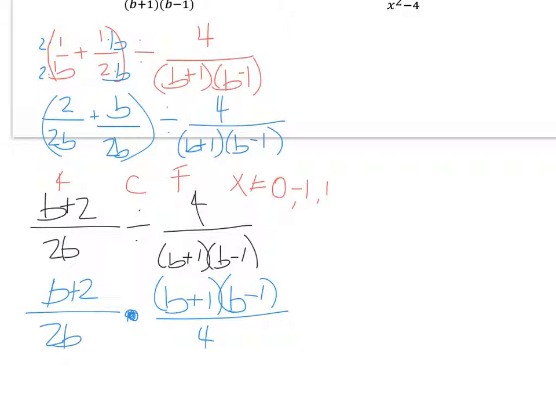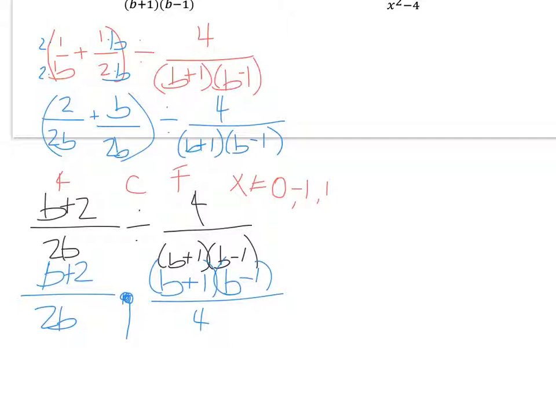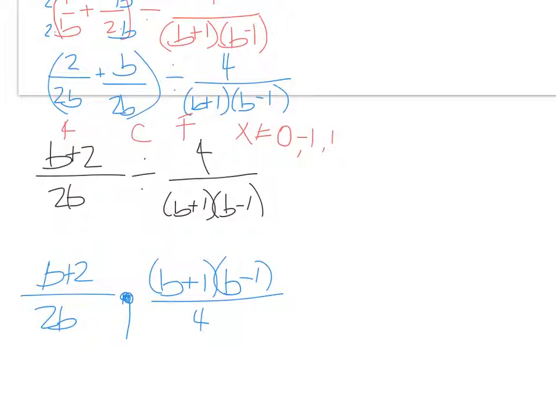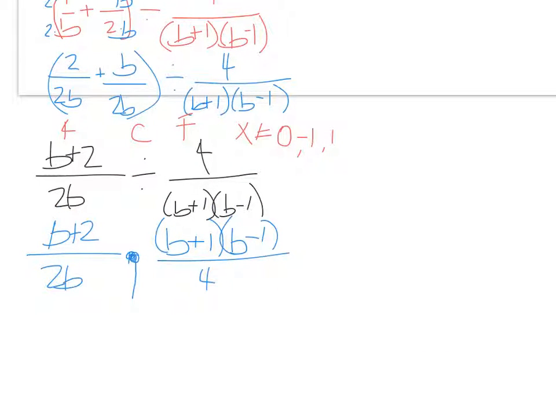I wonder if I meant it to be that way. So, since I don't see anything that will cancel, I'm just going to write my answer. So this would be b plus 2, b plus 1, b minus 1, all over 8b.